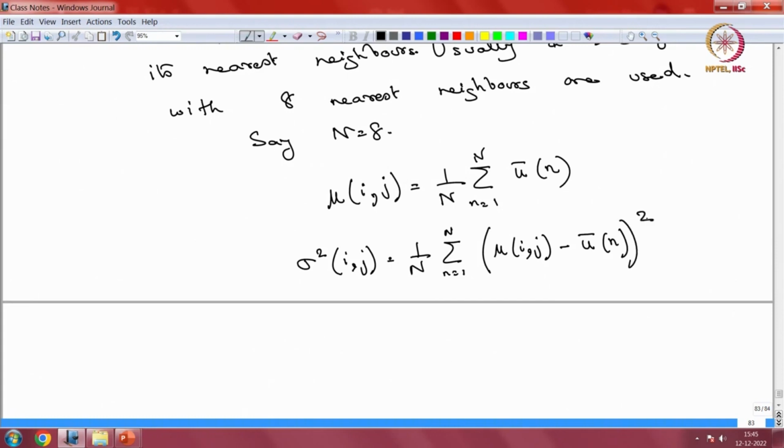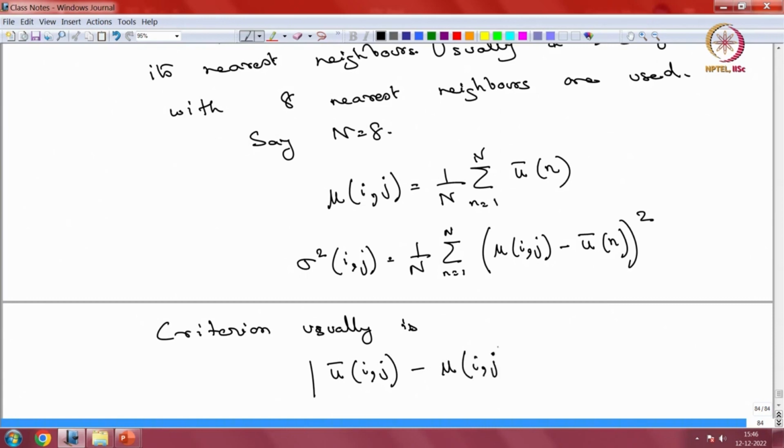Okay. So you define this quantity, and then you implement the criterion, which usually is that my u i,j at a given location minus this averaged quantity which you have evaluated over 8 neighbors is less than some epsilon threshold. Okay.